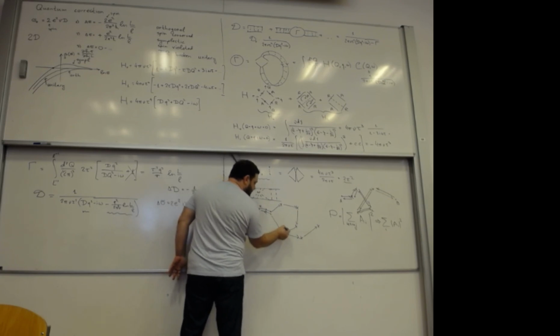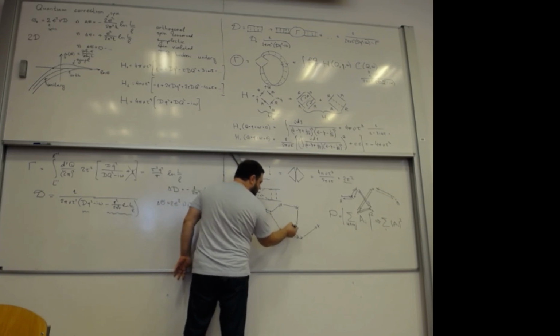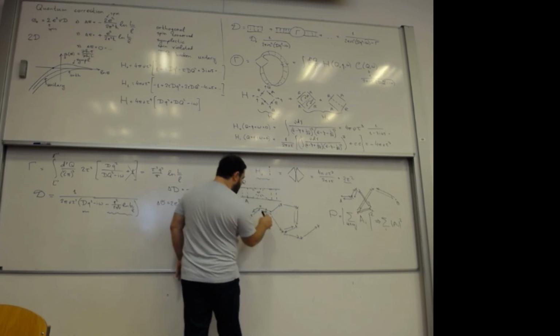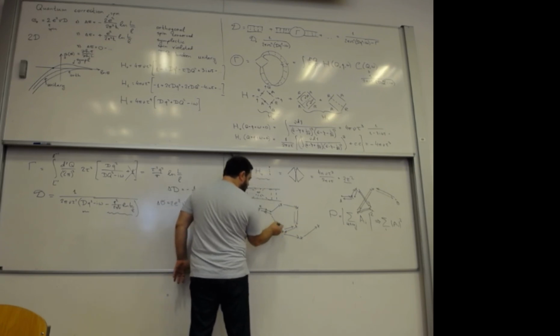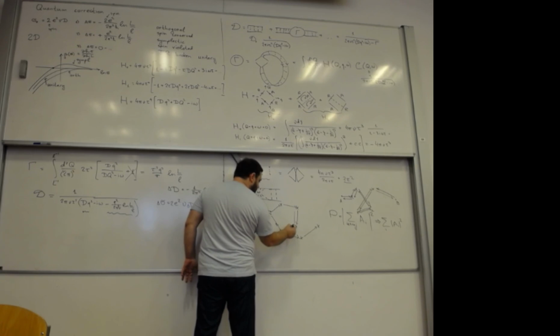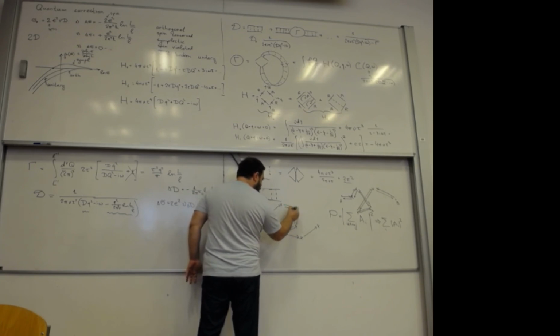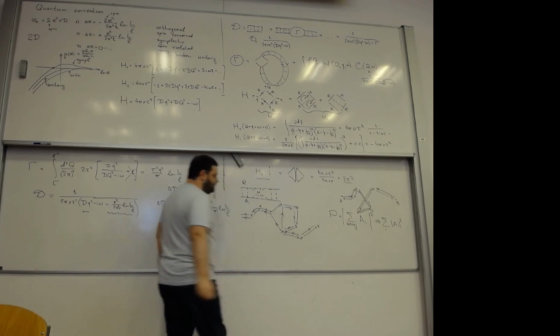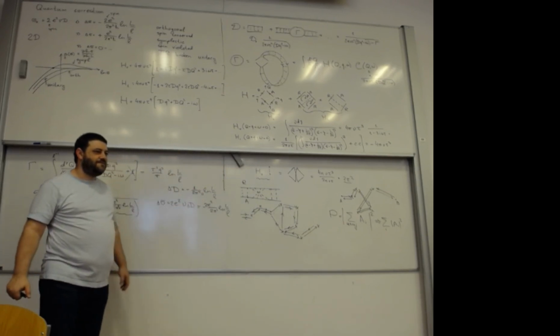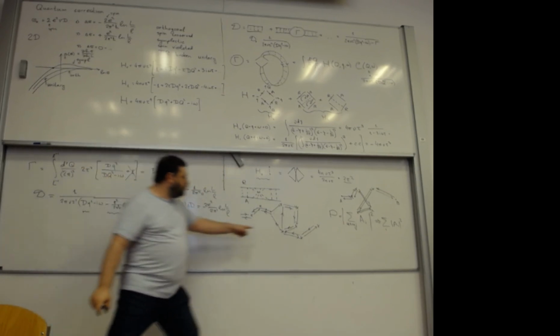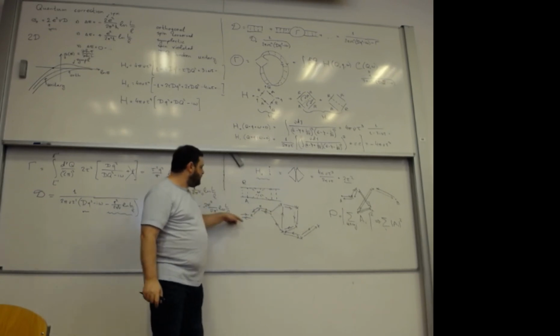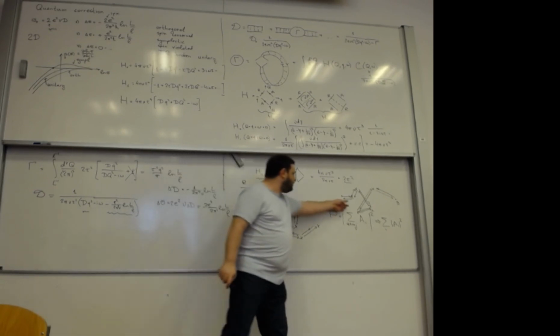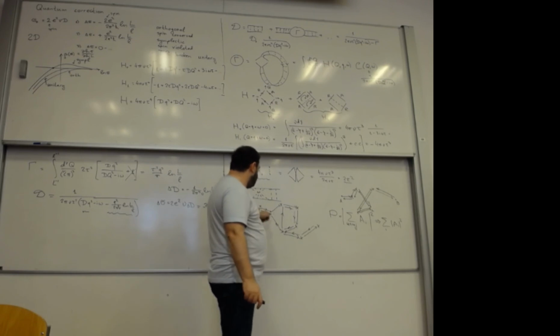We go first to this impurity, then to this one, then to this one. So there is a loop inside.